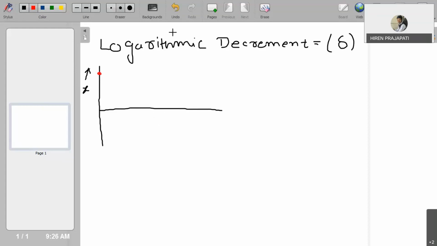As we have assumed an underdamped system, in every cycle we get a reduction in the amplitude.